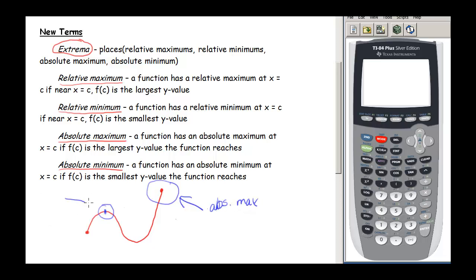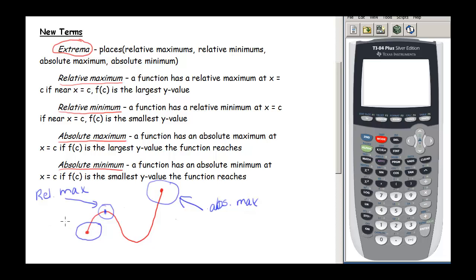And this spot here would be a relative maximum, because near this spot this is the highest y value, and that one is the highest y value overall. And then we have the same thing for minimums. So this value right here is our low spot on our function.